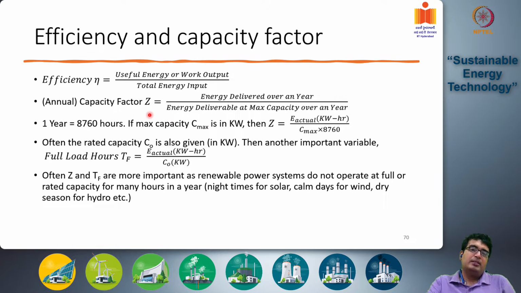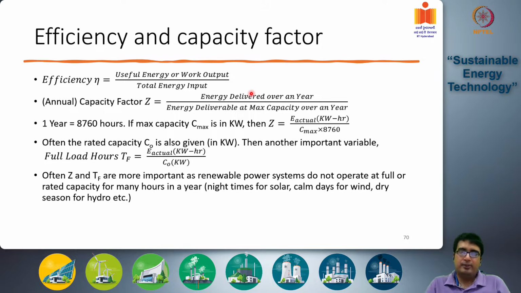Another important parameter that is perhaps more important in the renewable energy sector is the annual capacity factor Z. What is Z? It's the energy that a generation station delivers over an entire year divided by the energy that it could deliver at its maximum capacity over that same year. So the actual energy it delivers in, say, gigajoules or megajoules is the numerator, and the energy it could deliver if it ran 24/7 at maximum capacity throughout the year is the denominator.